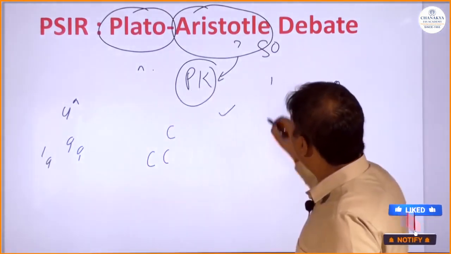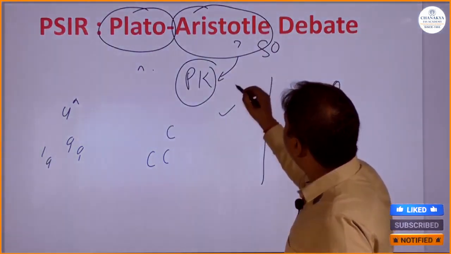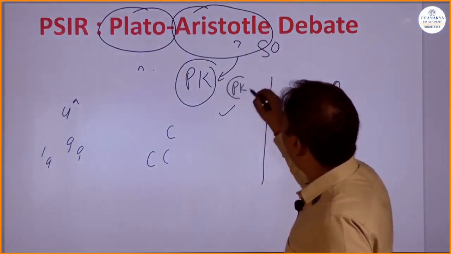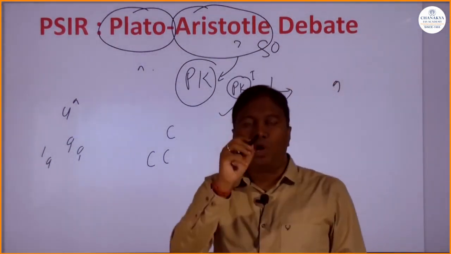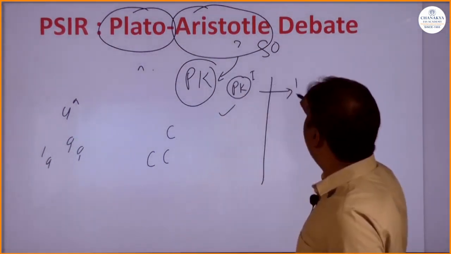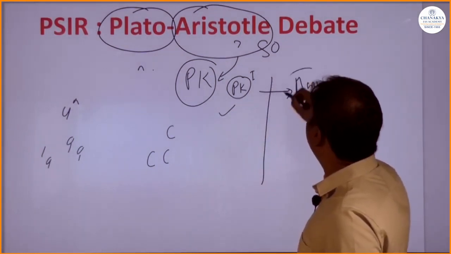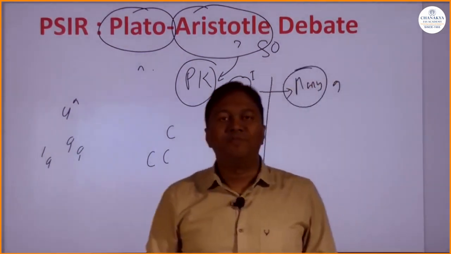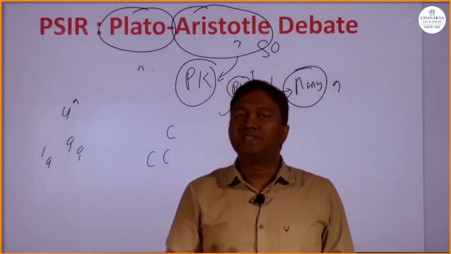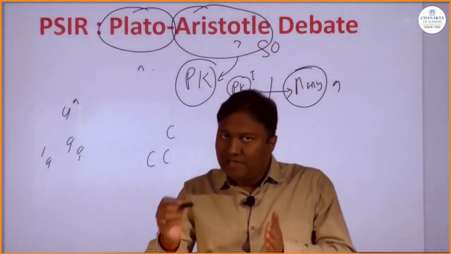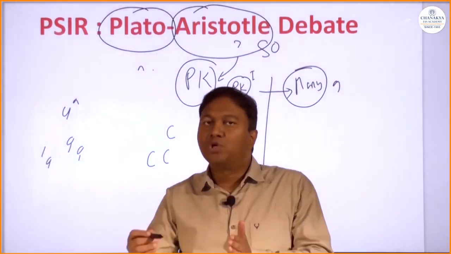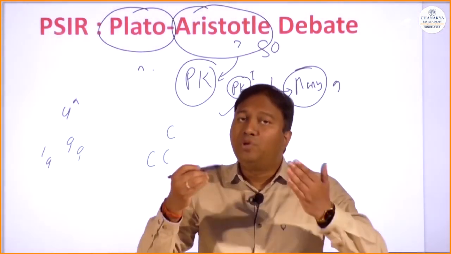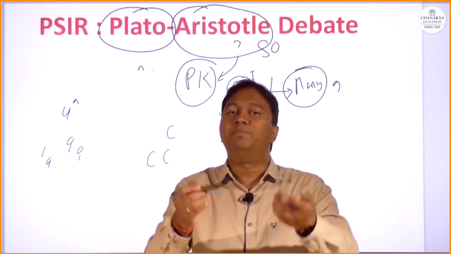So what Aristotle says is that it is better to replace the rule of one person, the philosopher king, by the rule of many persons. All right. So what is the meaning of many persons? Aristotle says that many persons means any institution, any book which reflects the views or ideology of many people.